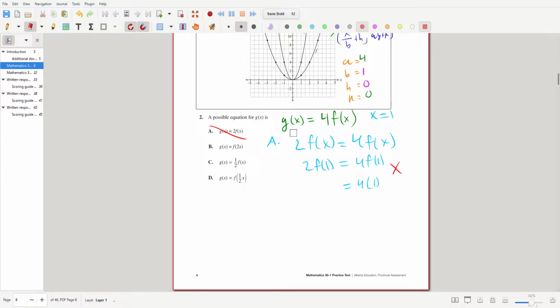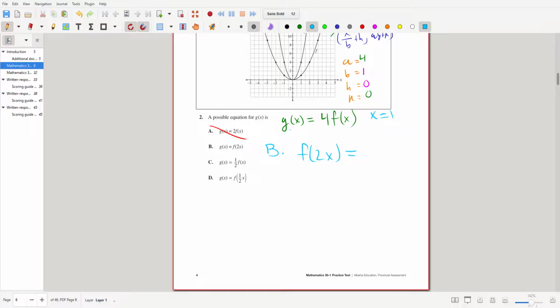Now let's try B. f of 2x equals 4f of x. We said we'll say x is equal to 1, so f of 2 times 1 is 4f of 1.